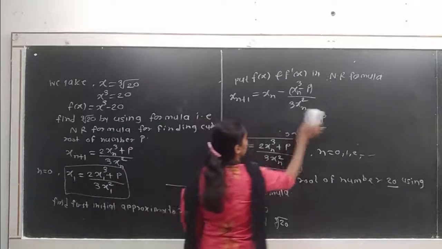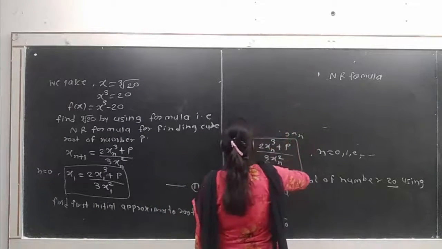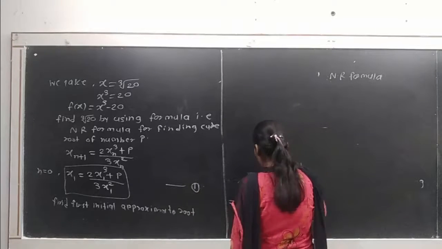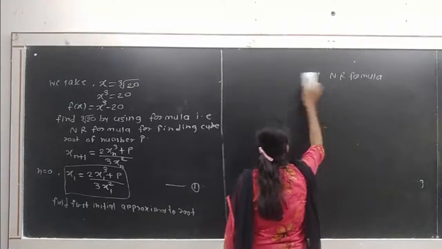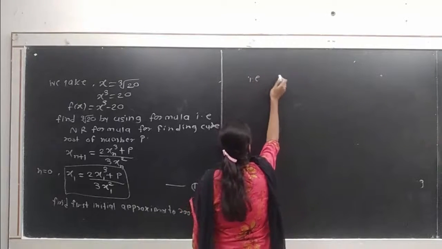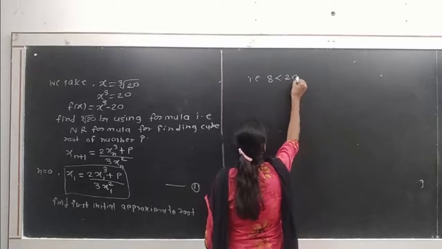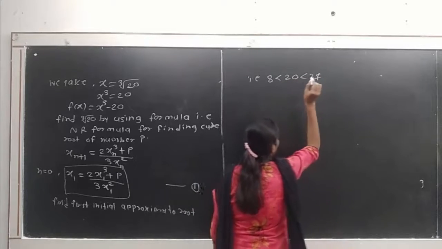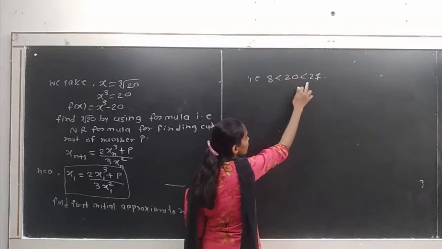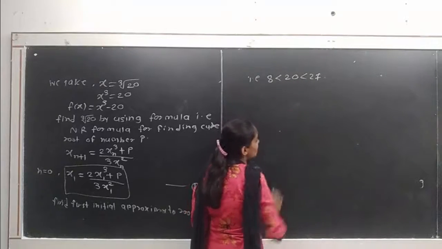The two nearest cubes of number 20 are 8 and 27. That is, we can write 8 < 20 < 27. This number is between these two nearest cubes, 8 and 27.